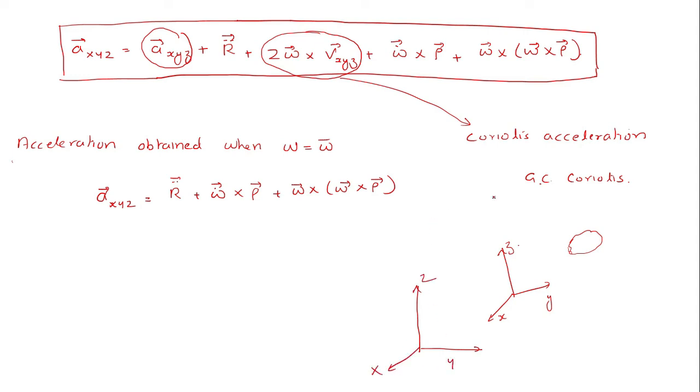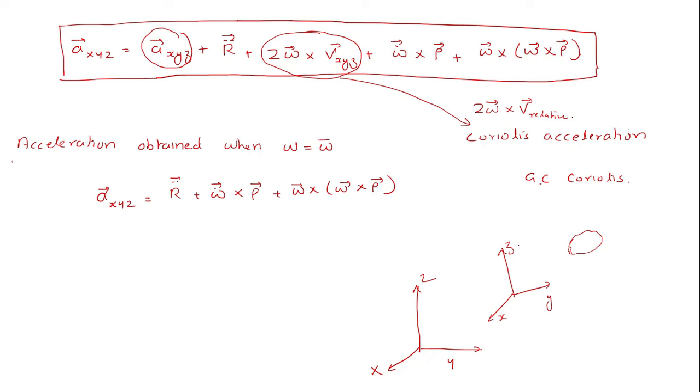So this corresponding term as such is 2 omega cross V xyz. In the relative motion equation, this will be 2 omega cross V relative. Okay, both are the same thing.